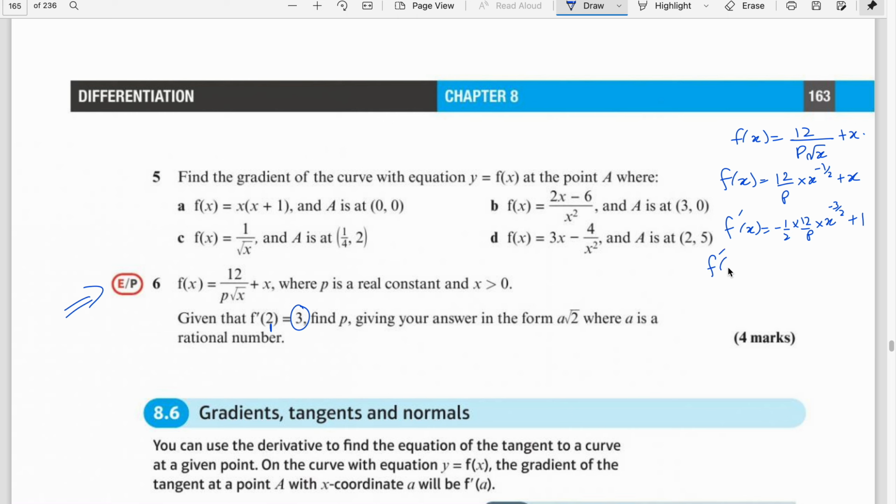So f dash x is equal to negative 6 over p, and this power is coming down and changing its sign, plus 1. Now we know at x equals 2 the gradient is 3.